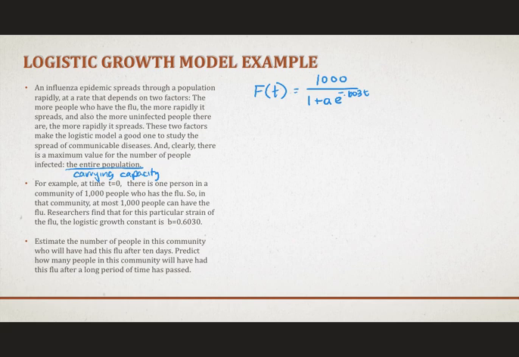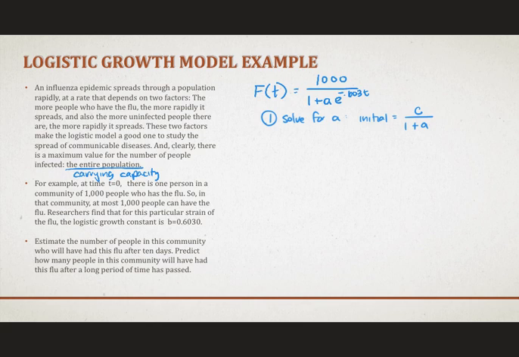Okay, now I need to get some values here. Step 1, I need to find A, my initial value. The only way to get A is that we know our initial value is our carrying capacity over 1 plus A. I know 3 of those things.